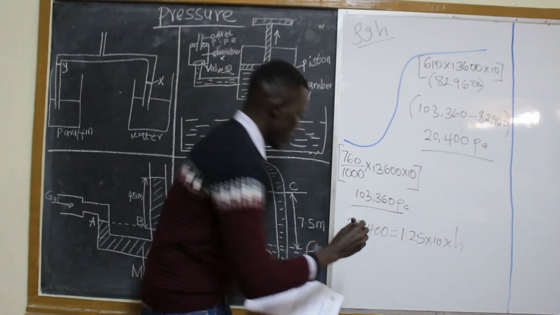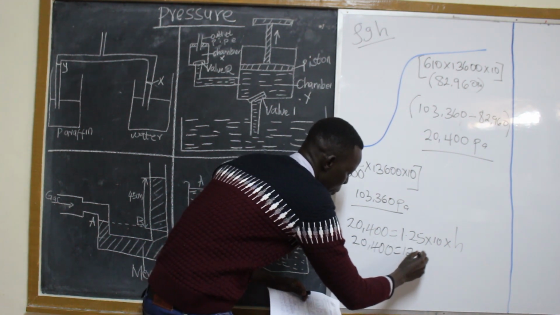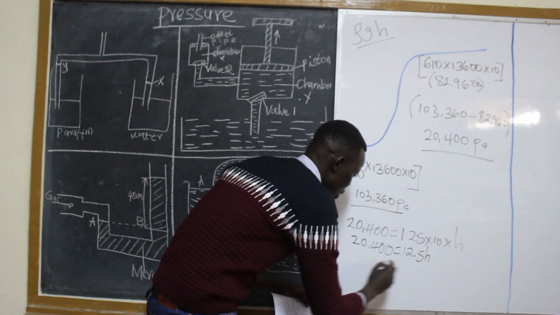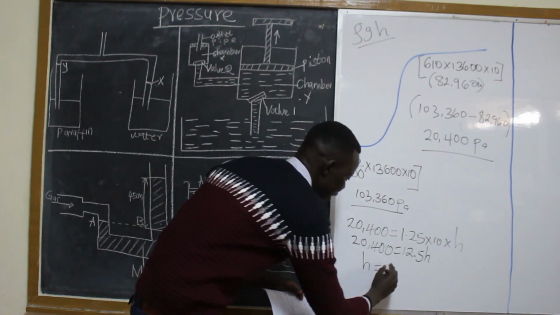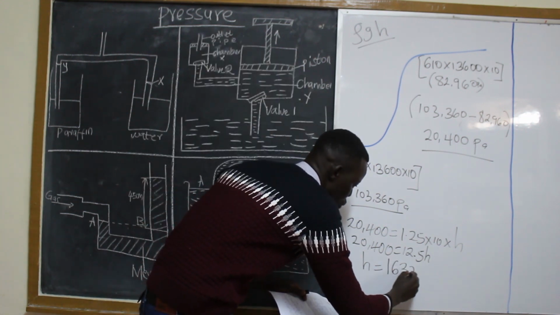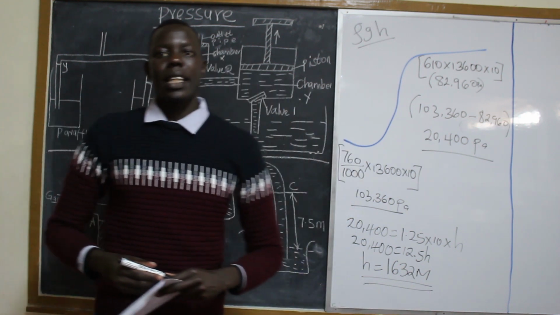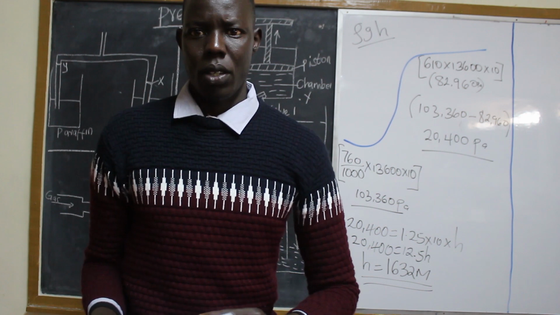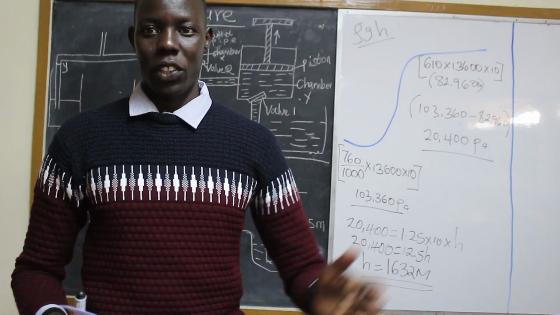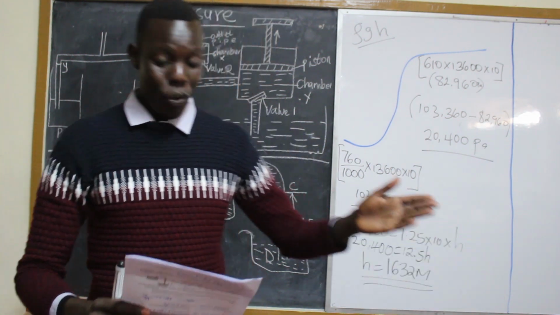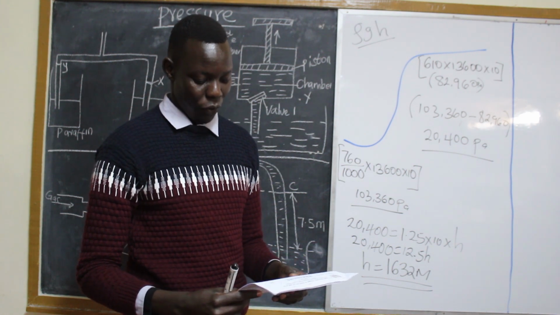You will have 20,400 equals 12.5h. So our h, you simply divide across, you will get 1632 meters. That is how you can get the height of the mountain. It's not that difficult. Just follow the steps. For those we are marking together, mark for yourself. Give yourself 3 marks if you have gotten it.